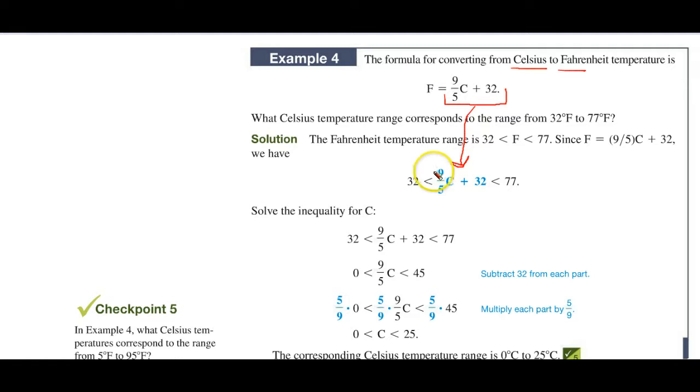There is your range. And again, 32 is not going to be included, 77 is not to be included. So a technique to solve this, as we mentioned, would be to subtract 32 from this, and from this. And that's what they're showing here.